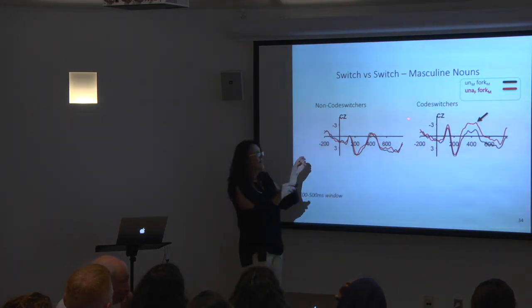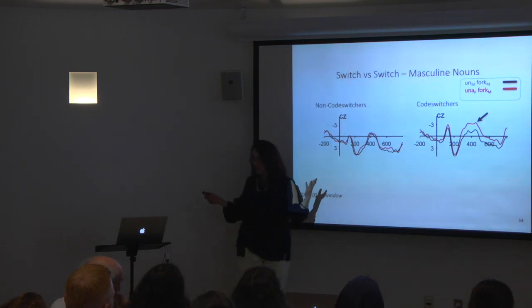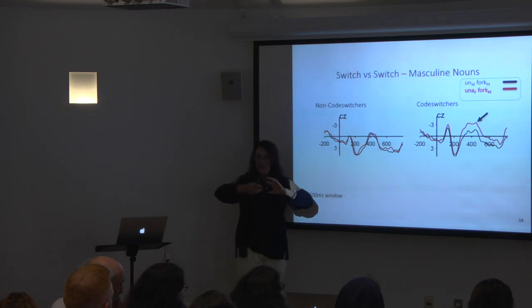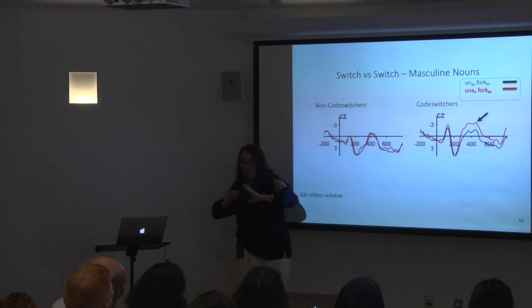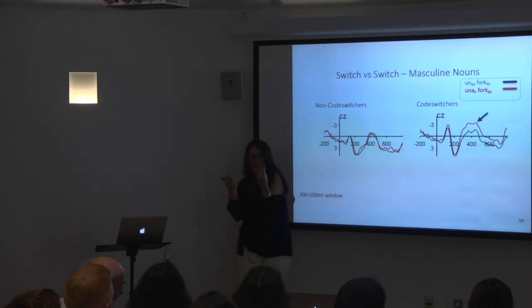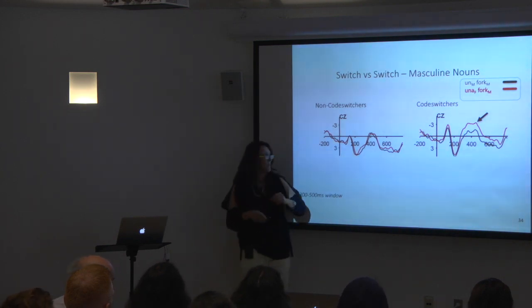And so finding a difference between these two groups would tell us that what the linguistic system is doing is tuning into code switching, and the differences can be about how the two languages interact, because they speak exactly the same language.